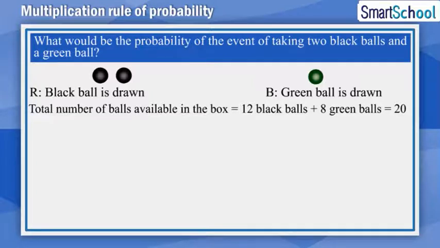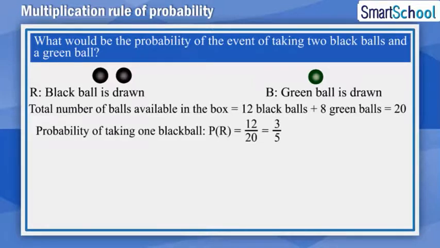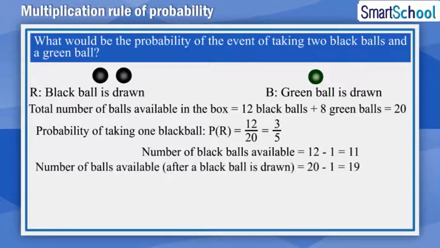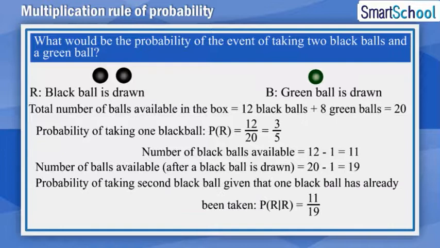First, a black ball is drawn, and since there are 12 black balls, the probability of taking a black ball is 12 divided by 20, which is equal to 3 divided by 5. Since the ball drawn is not replaced in the box, 11 black balls are now available, and the total number of balls is 19. Now the probability of taking another black ball is given by the probability of R given R is equal to 11 divided by 19.